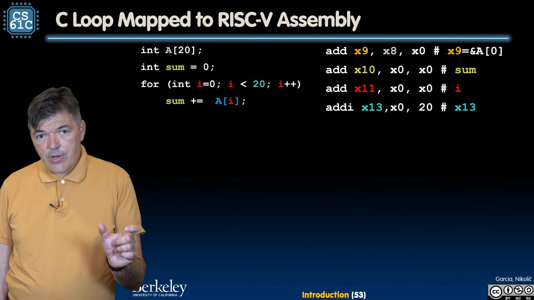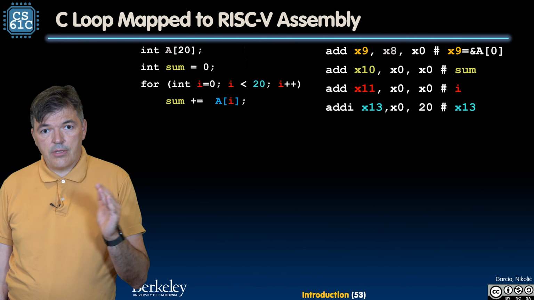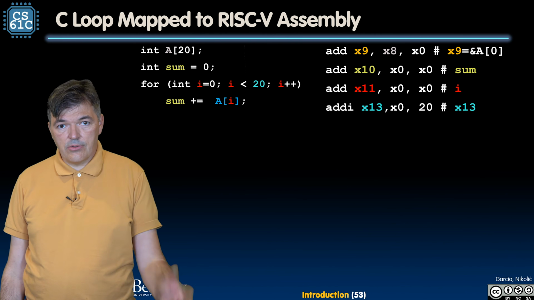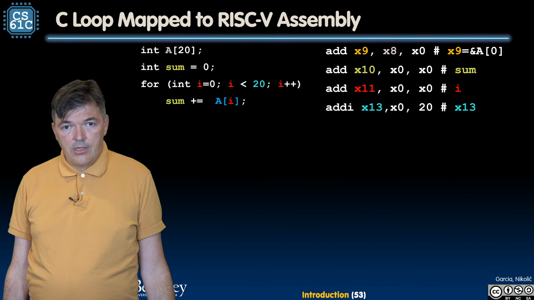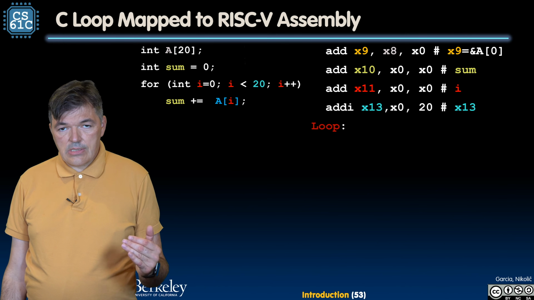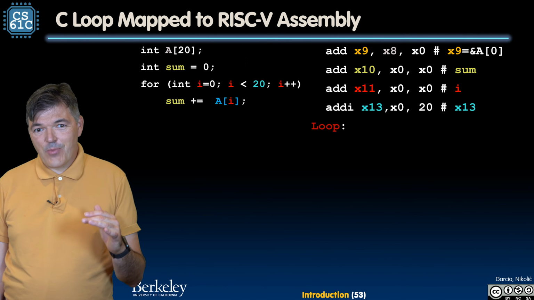Remember, we don't have branching with immediates in RISC-V. Contents of both variables that are going to be compared need to be in registers, so there is no comparison to an immediate. So let's start our loop. Here is the start of the loop, and there is one really important thing that I want everybody to remember.